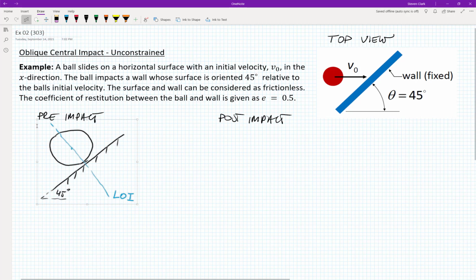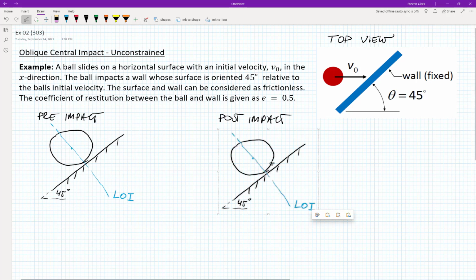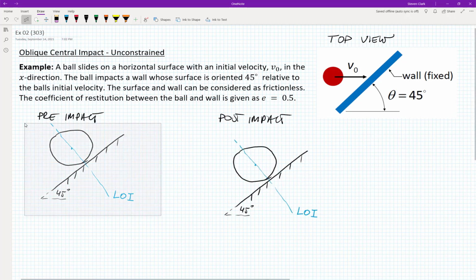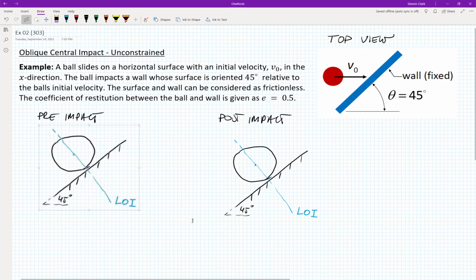Okay, so let me copy this drawing here. Before the hit, our particle has such velocity.